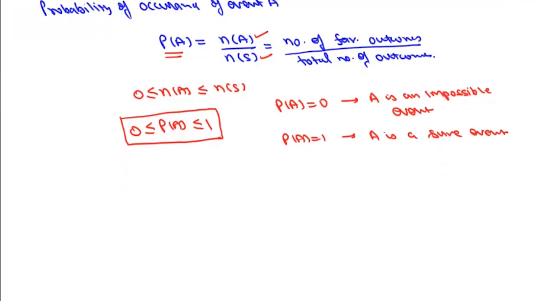Now, while solving problems, mostly we'll be using this definition of probability, but this definition does have certain limitations. One very important limitation is we cannot use the classical definition if outcomes are not equally likely.